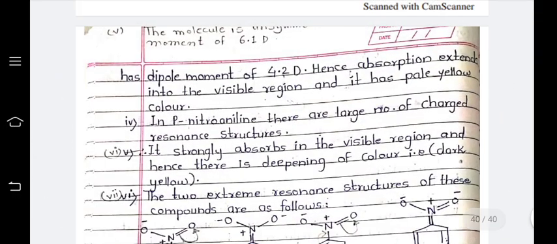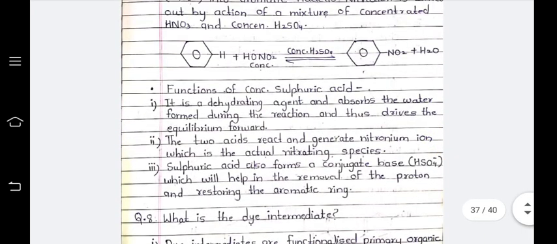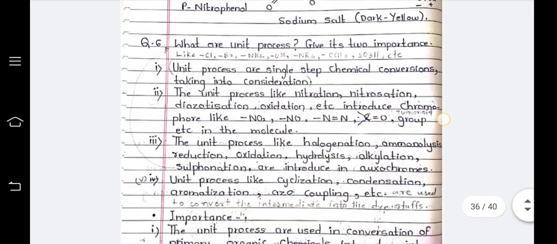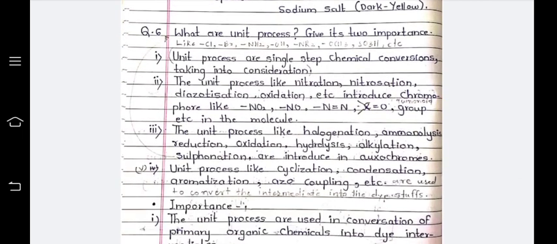So this is all about today's lecture on drugs and dyes. In this topic we have covered what a unit process is and its importance.